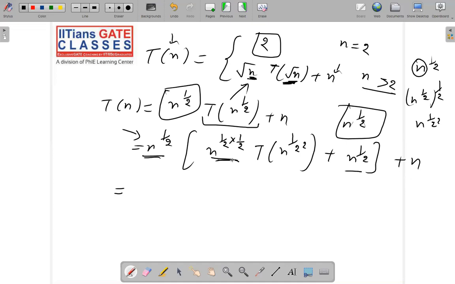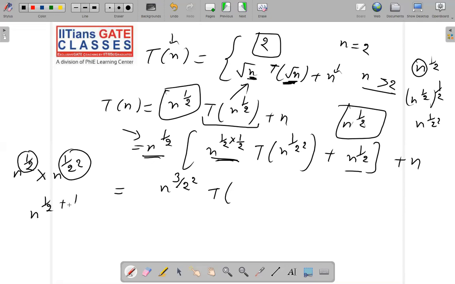And if we multiply this with this, we get n raised to power 3/2 square. Because in case of multiplication, if you multiply n^(1/2) with n^((1/2)^2), the powers will add. 1/2 plus (1/2)^2 is equal to 3/2 square.